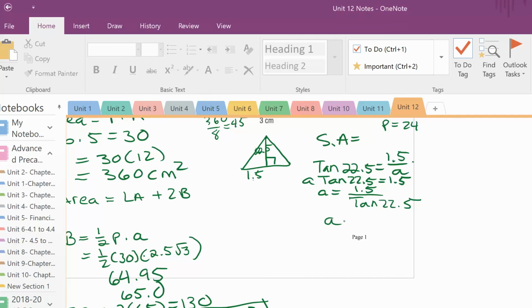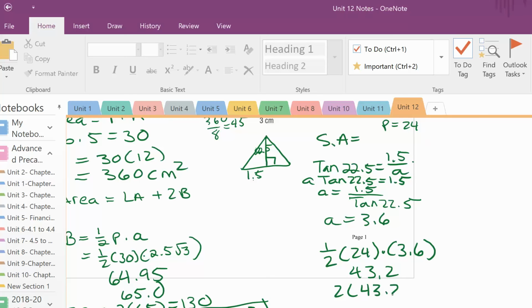You get A equals 3.6. So that's the apothem. Remember, the area of one base is 1/2 the perimeter, which is 24, times the apothem, which is 3.6, which gives you 43.2. But remember, there are two bases, so the area of the bases is 86.4.